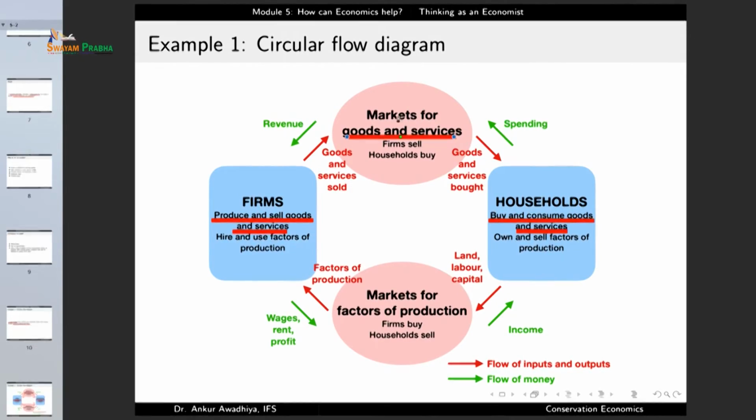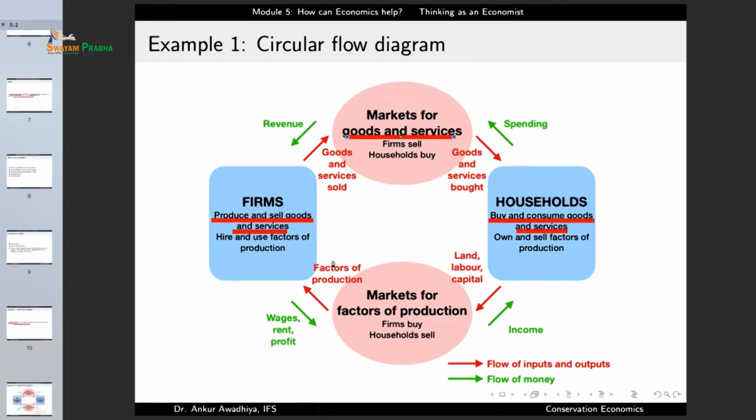And this market is then channelizing this rupee to the firm. And the firm is getting this money in the form of revenue. So this is the revenue of the firm. And why is the firm getting this revenue? Because it is selling the goods and services. So this is one market in which the firms and the households interact with each other.